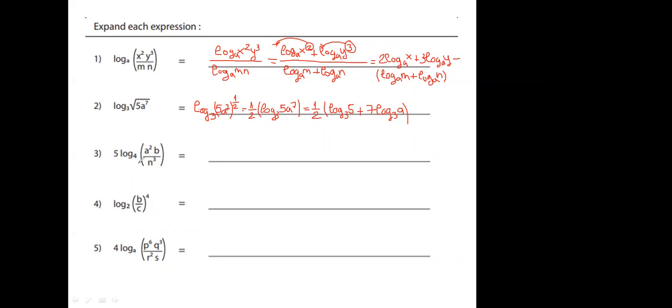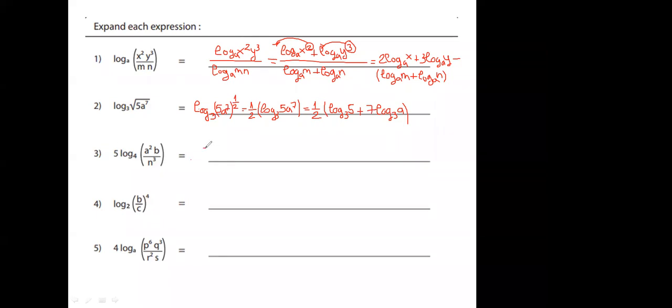So for example, this one, the third one, I can do like a squared b. So I can separate again the logarithm of 4 for the up and down part.